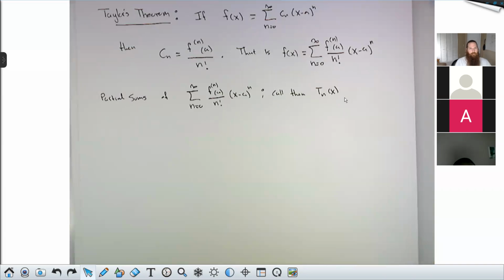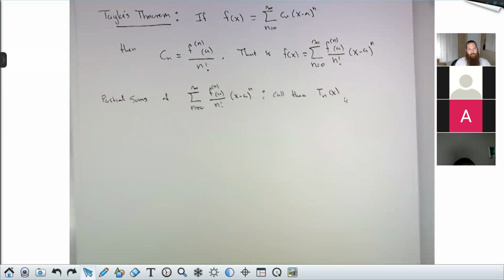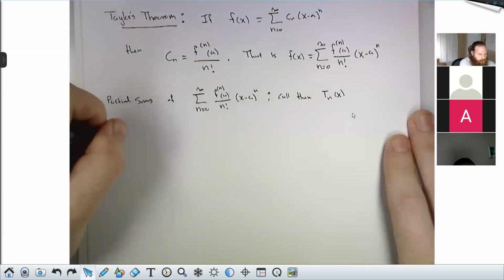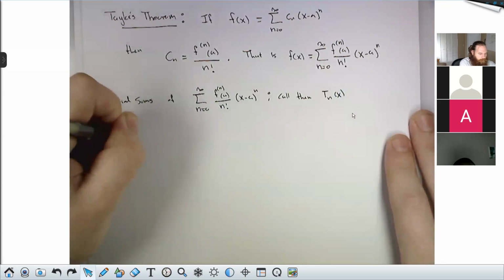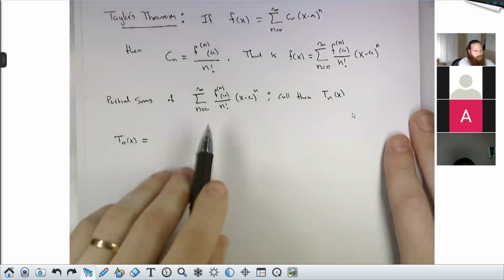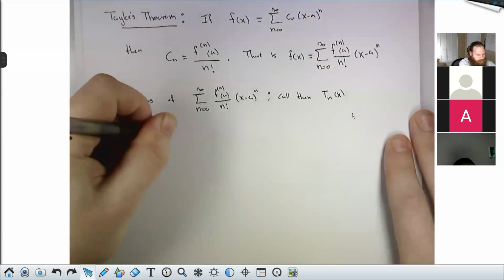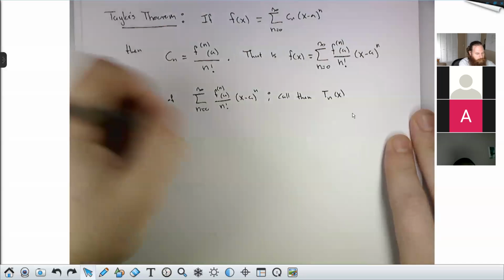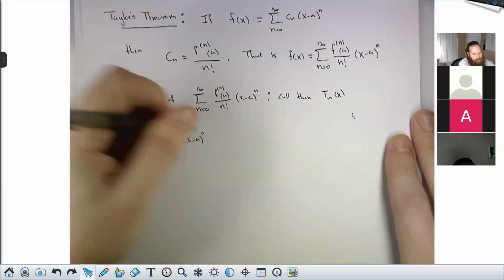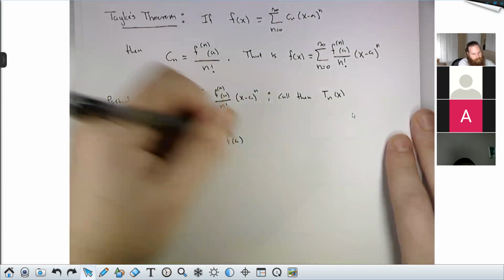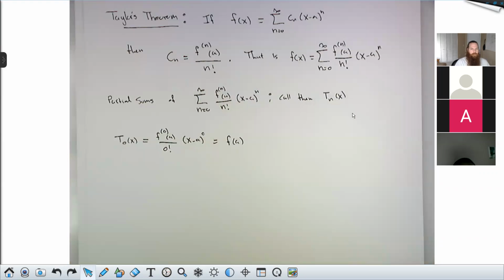T for Taylor. So instead of calling them Sn, I'll call them Tn. And then I write the x here to remind myself that they're functions of x. T0 of x, the 0th partial sum, the thing I get when I plug in 0 here, is f0 of a over 0 factorial times (x minus a) to the 0. That's just f of a. It's a constant.